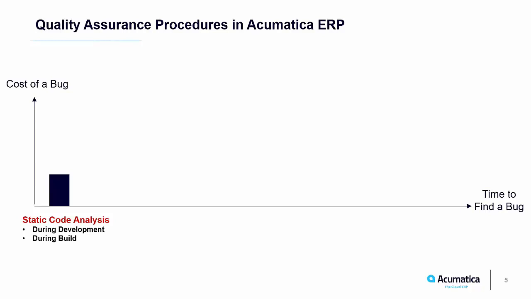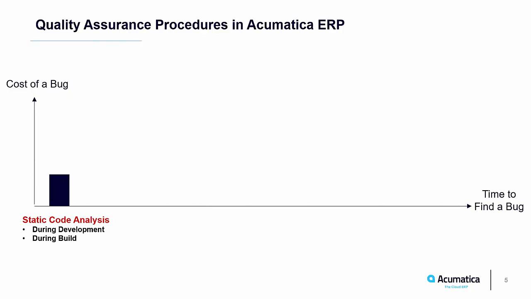If a bug is found during that stage, during the writing of the code, it is easy to fix because the code doesn't have a lot of dependencies yet, and the developer is in the context of that code. The developer knows what the code does, so that code is fresh in the developer's memory. So the developer can easily fix that bug, and basically that bug costs us almost nothing, because it can usually be fixed in 5 minutes.